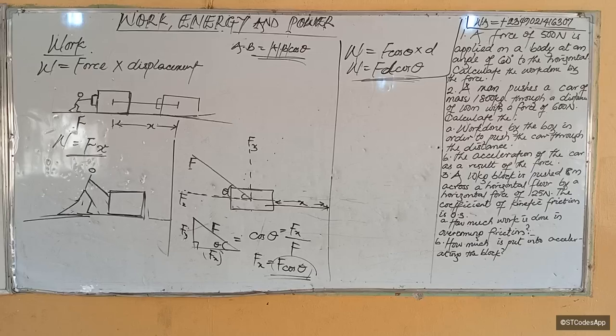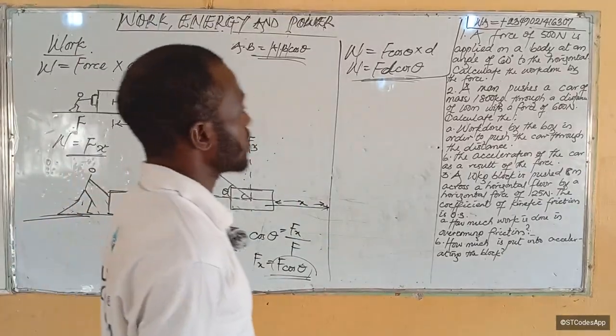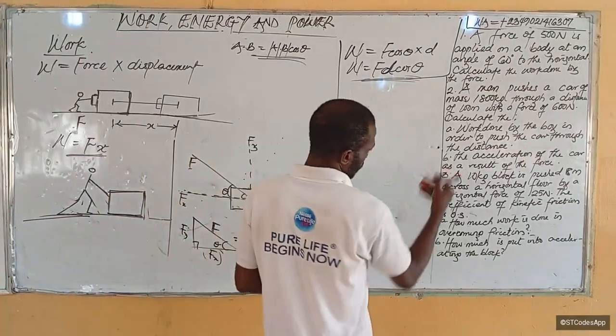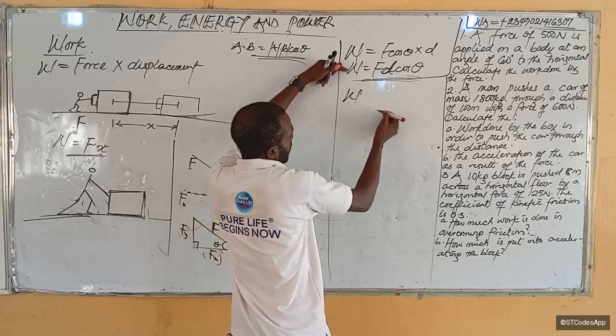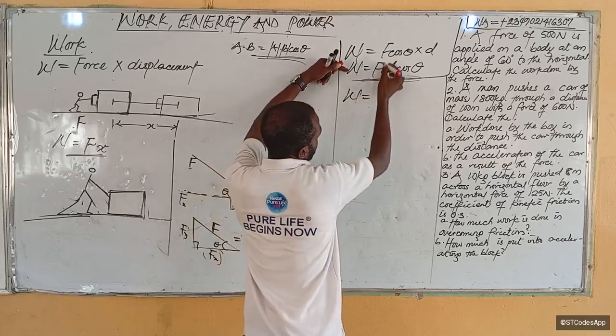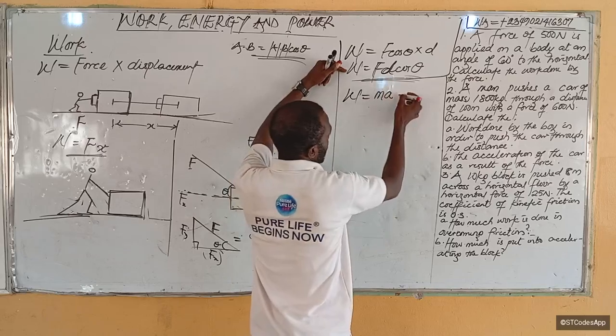All right, so let us solve the following questions. There are 3 questions I've written here. After writing the question, another thing I noticed is we can also express this formula as W equal to mass times acceleration, the formula for force, then times distance.